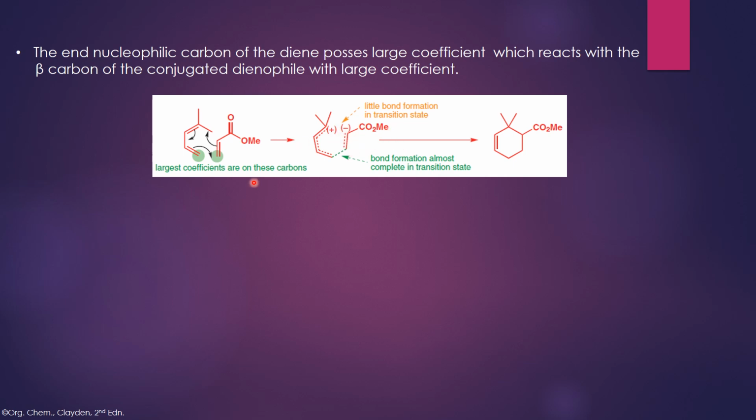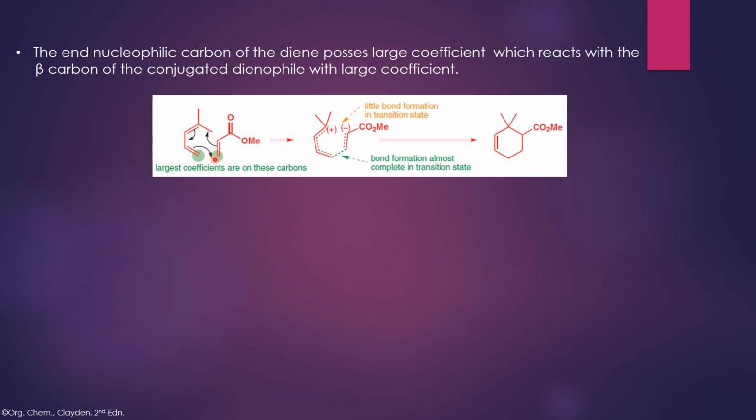Here we can see the bond formation is almost complete in the transition state, and the sigma bond formation between the other two carbon centers is little, not as complete as this. So in short, in the Diels-Alder reaction, bond formation takes place more readily and more effectively between the carbon centers with the largest coefficients.